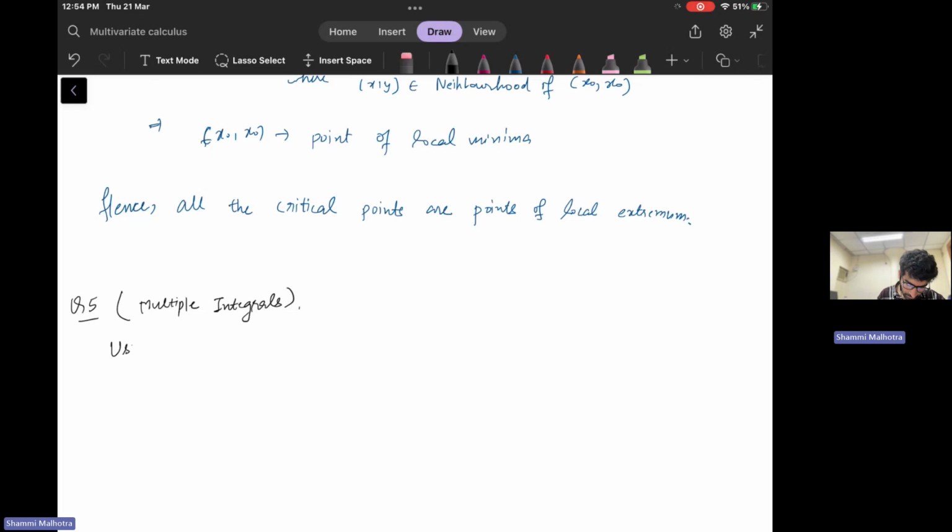So using the given transformation, transform the given integral and evaluate them.